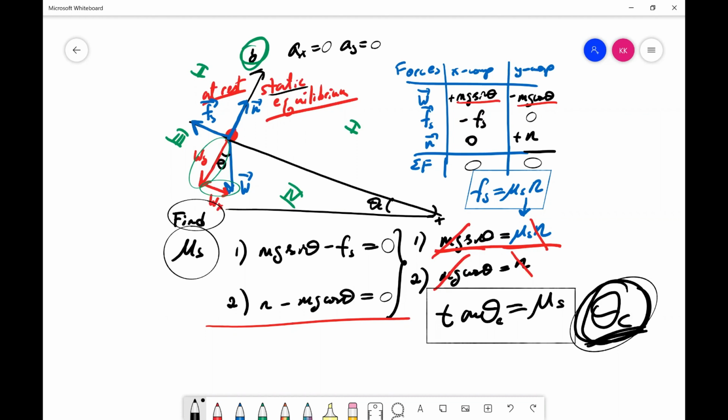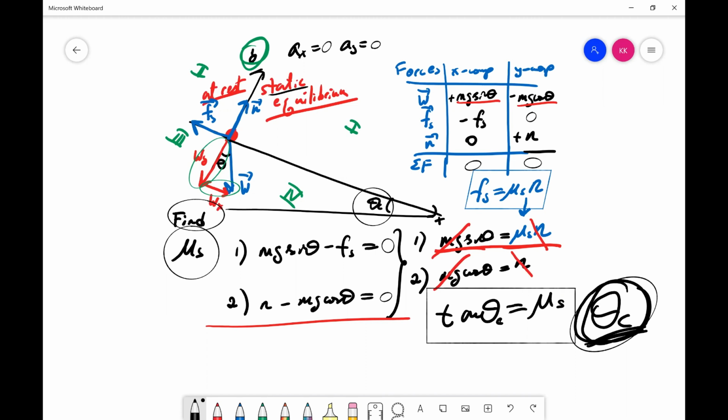Okay, that means you have an experiment where the object is on top of the surface. We're assuming that this is the maximum angle you can have for your incline for the object to still remain at rest. Because if I increase the angle slightly more than that, then the object will slide down, speeding up.